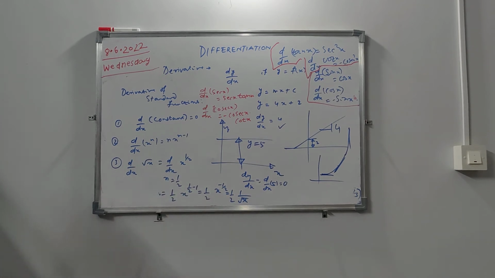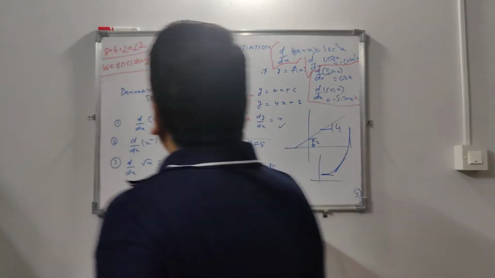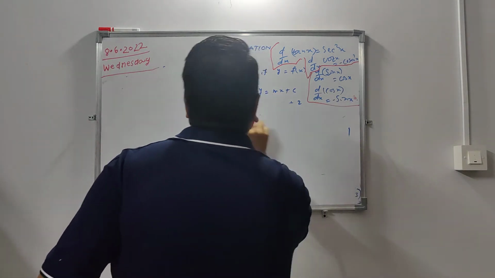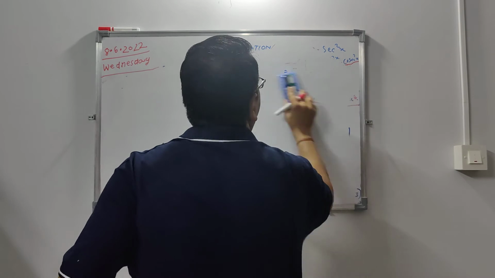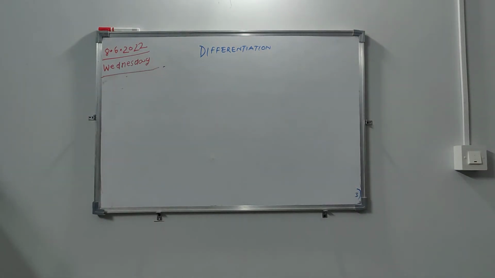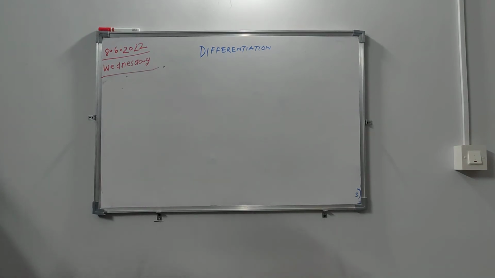Okay, so we have done tan x, cot x, sec x, cosec x.